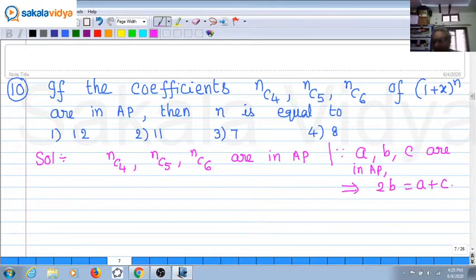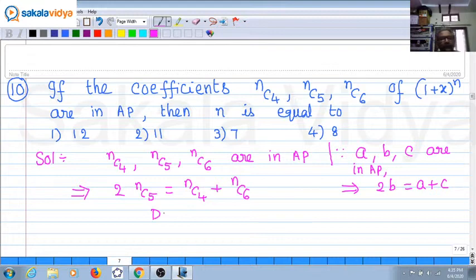This condition we have. So this can be written as 2 times nC5 equals nC4 plus nC6. Am I correct now?